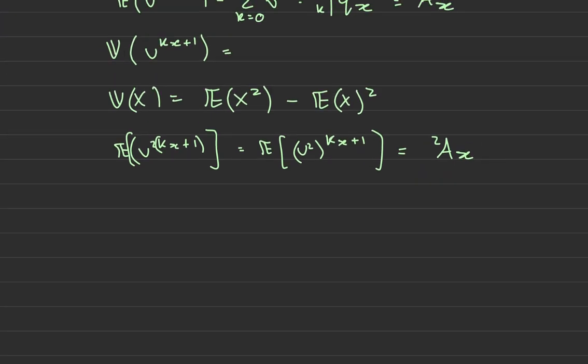So remember, what we're trying to do is this variance, and I've just done the expectation of the present value inside this variance, squared. So here I get 2A_x. And then I must minus the expectation of v to the K_x plus 1, and this expectation squared.